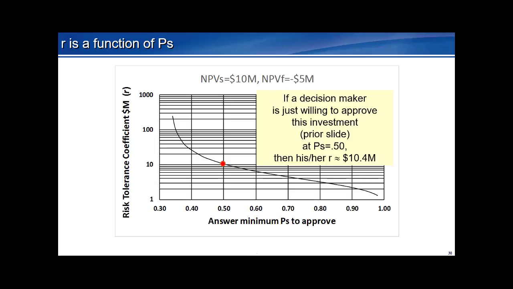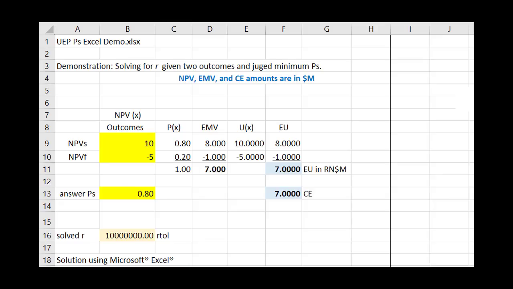Setting up hypothetical decisions scaled to the decision maker is a bit of a chore. So over the years, I've developed versions of UEP to help with the elicitation process. The calculations UEP performs can be done or easily verified in Microsoft Excel. Here I have a spreadsheet set up for the PS question.